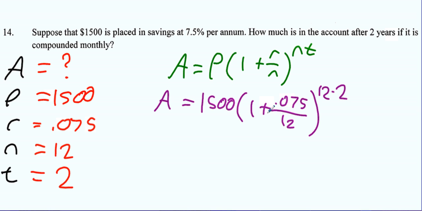Since all the numbers are on the right side, we don't have to solve it, we just have to work it out. Start with the most inside, so the fraction inside the parentheses, 0.075 divided by 12.